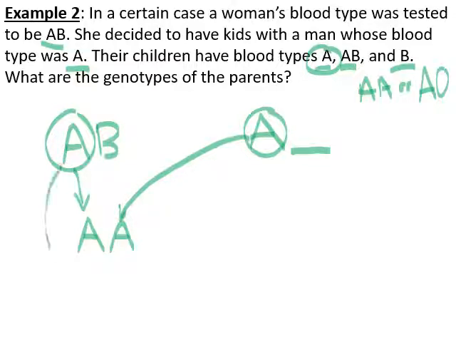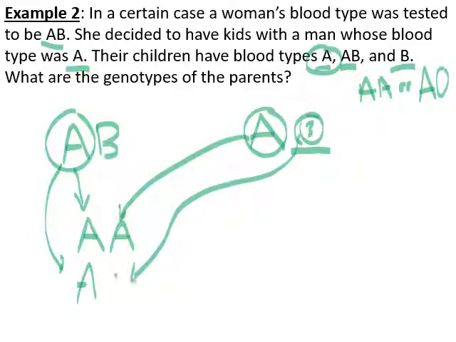Or it could have inherited type A from the mother, and if the father is, let me put an O there, question mark, type O, then he could have also contributed that, in which case this child is the type A child.